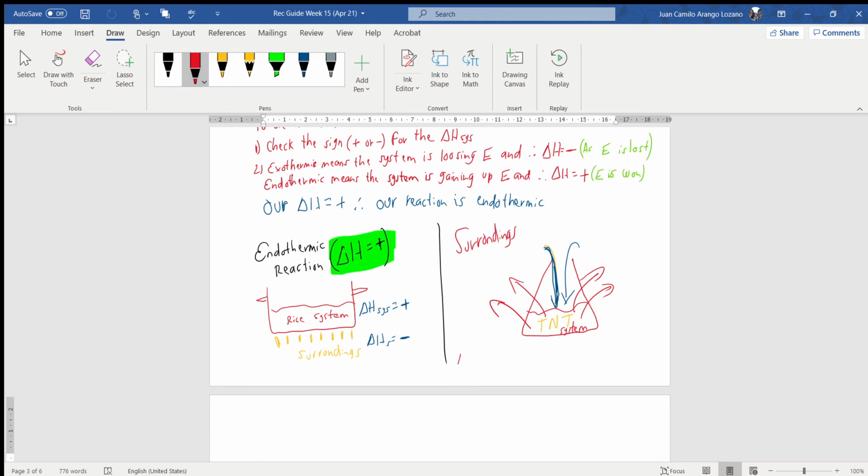The delta H for the system, which is the delta H I care about, in this case is going to be negative because the system is losing that energy, and that energy therefore is getting passed to the surroundings because those surroundings are winning all that heat. Okay? And therefore we call this an exothermic reaction.